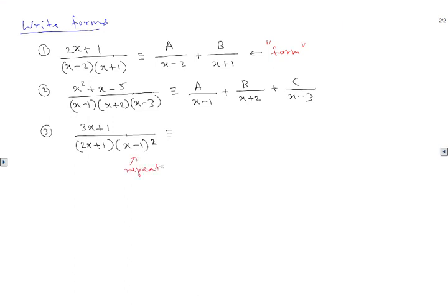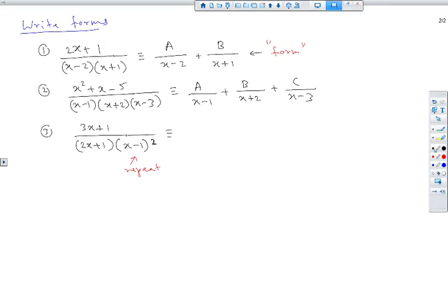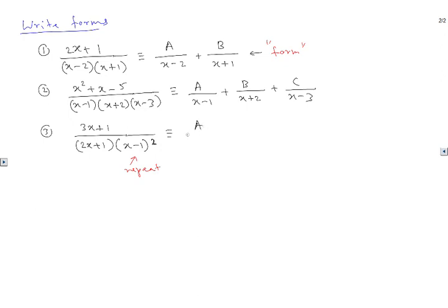When you have a repeated factor, we're going to follow a different technique. We can write the first one. The first one is a linear factor, so it's A over 2x plus 1. There's no problem with that. For the repeated factor, we write all the factors starting with the lowest power. The lowest power is 1, so we write B over x minus 1. The next factor is x minus 1 squared.